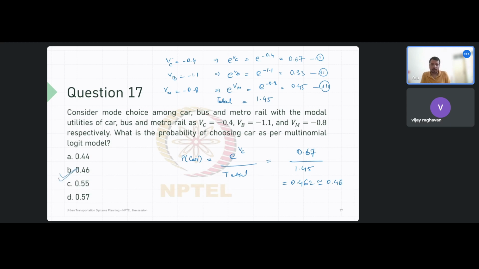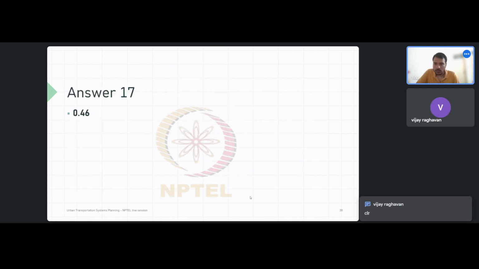So option B is correct. So is it clear? Okay. So moving on. So answer is 0.46 for this question.